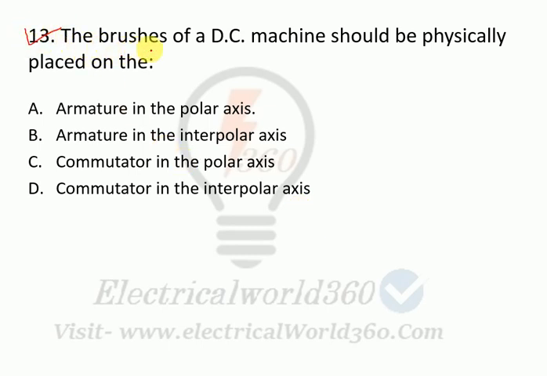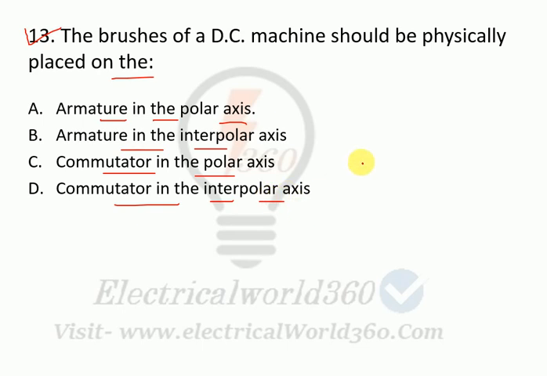This is question number 13. The brushes of a DC machine should be physically placed on the: armature in the polar axis, armature in the interpolar axis, commutator in the polar axis, or commutator in the interpolar axis. So brushes of DC machines should be physically placed on the armature in the interpolar axis.